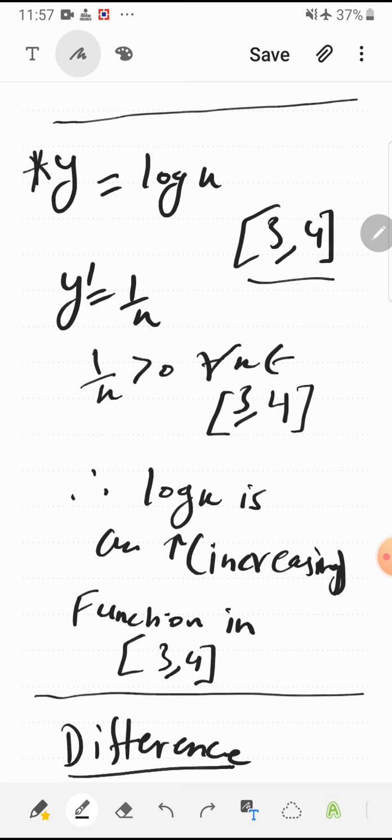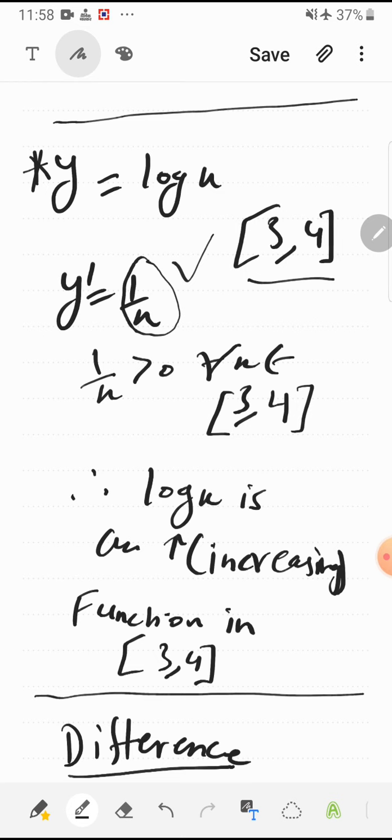Sometimes students get confused, they say, sir, this function 1 by x gives a lower value if we put higher values of x, so this should be a decreasing function. But they confuse this function with the given function. This is not the function, this is the derivative. The derivative should be only positive or negative. Remember this. You should not mix the function with the derivative. The derivative should be positive or negative.